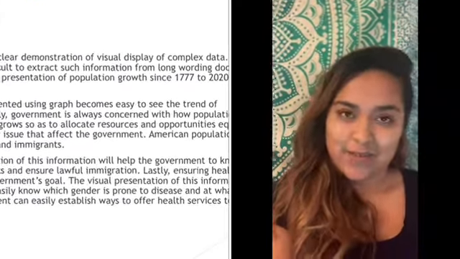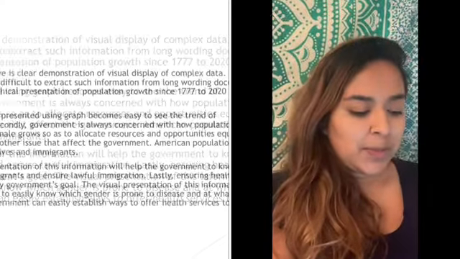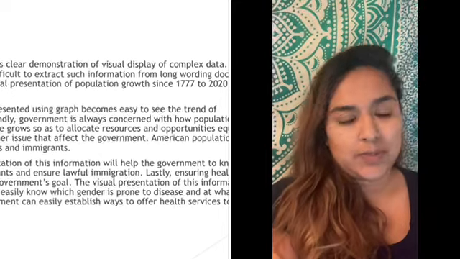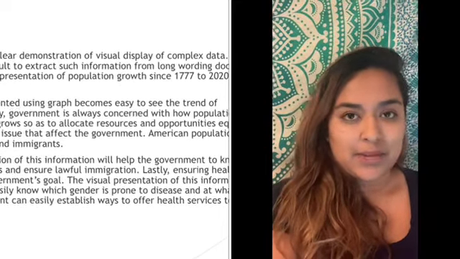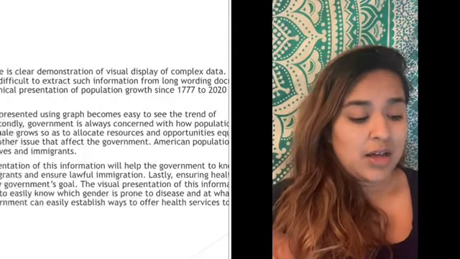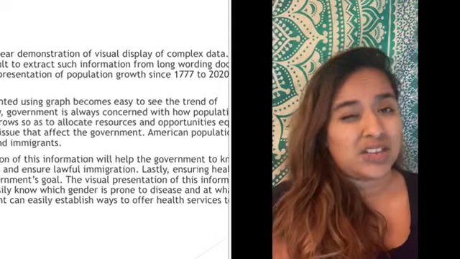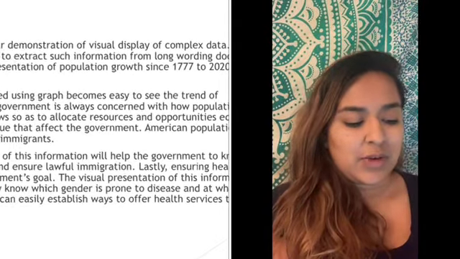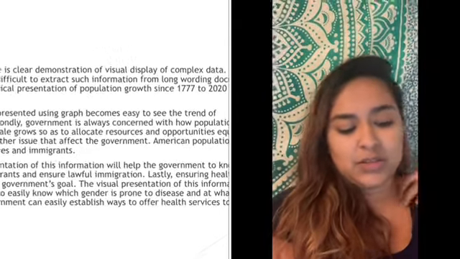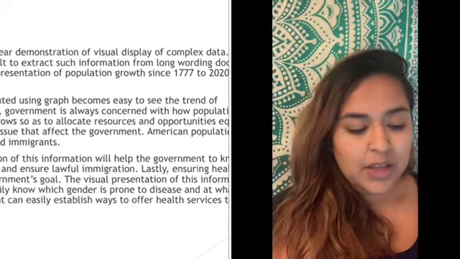And lastly, for my conclusion, the presentation above is a clear demonstration of visual display of complex data. For the government, it would be very difficult to extract such information from long wordy documents. For instance, a written presentation of population growth from 1777 to 2020 would be super long.